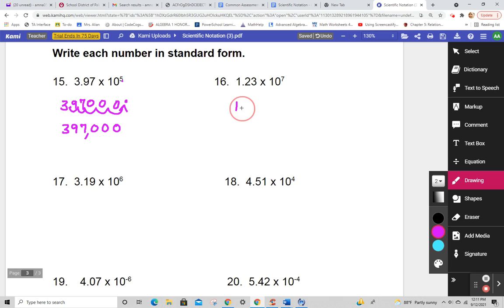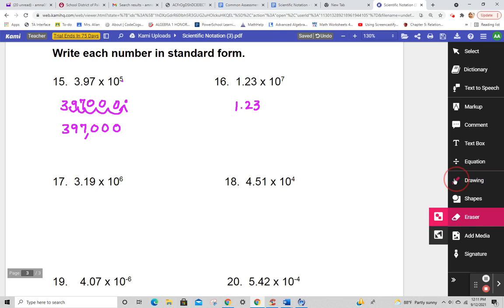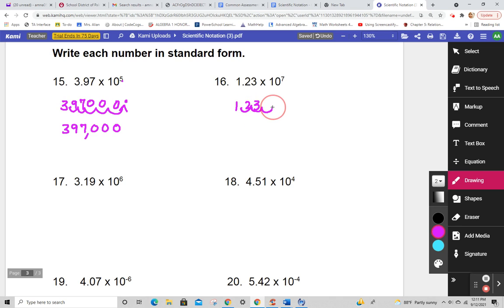All right, so this is 1.23. We need to move the decimal 10 places to the right. 1, 2, 3, 4, 5, 6, 7, 8, 9, 10. And each of these will be filled with 0.